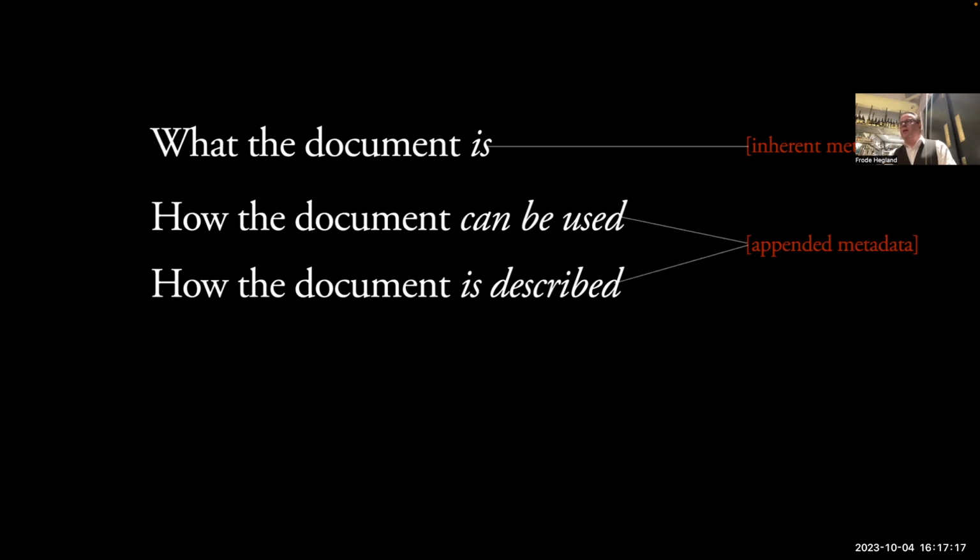A heading in the document is the heading of the document. This other stuff is appended metadata: how it can be used, legals, and all those kinds of things, and also described, somebody saying this is important. I don't care about those second ones because they are expensive, and they're fair enough, but they're just out of scope for this.